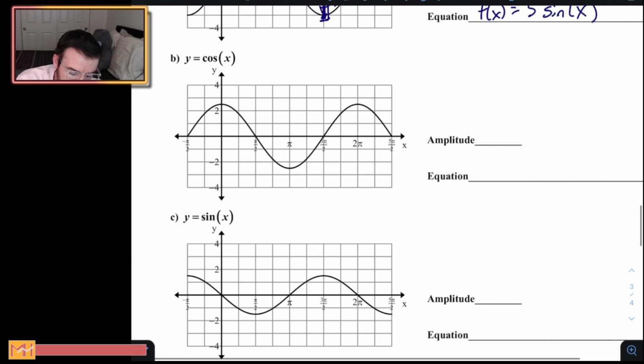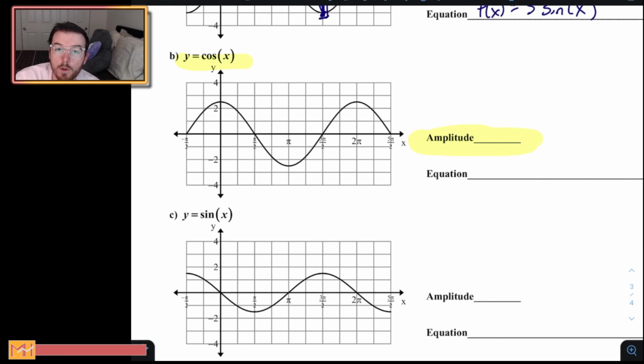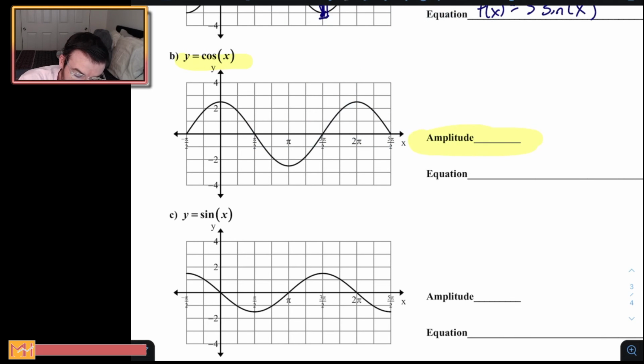It's not exact, but I think you can eyeball it. What can you tell here? What is the amplitude of this function? And also tell me, is it sine? Oh, it says cosine, my bad. So tell me what the amplitude is. So you hopefully chose about 2.5. Would you say, right?